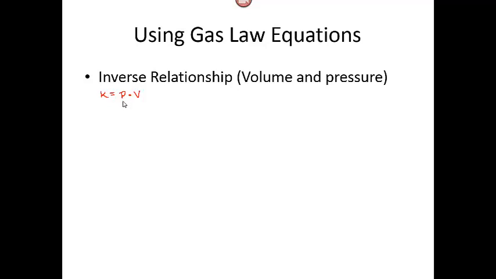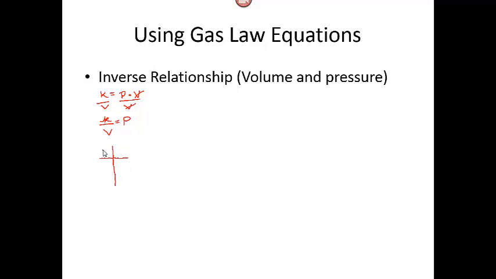All we need to do is divide by V on each side, and we would have an equation to solve for pressure, where k represents a constant number, and V is volume. Let's look at this in an example where we'll use really easy numbers.